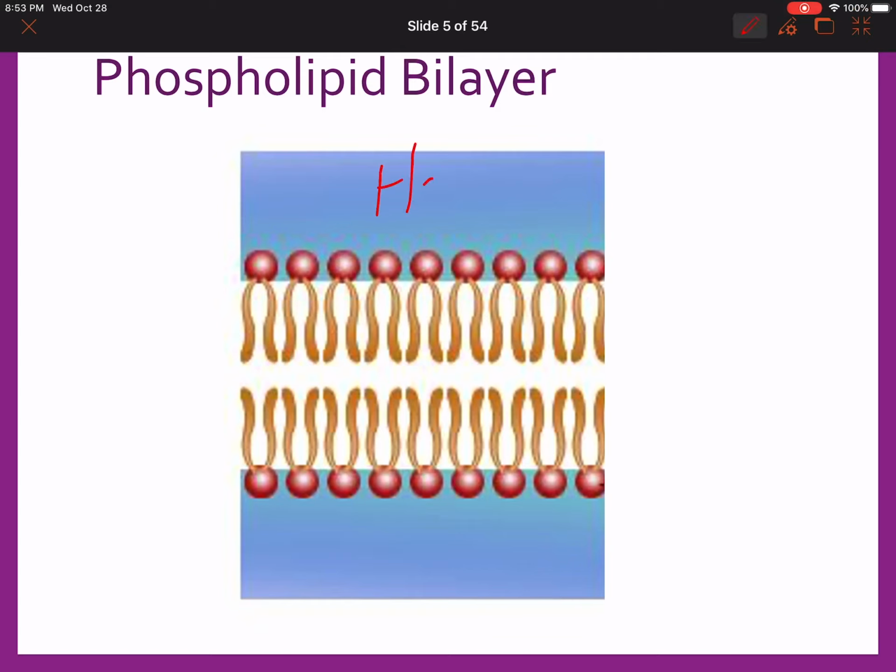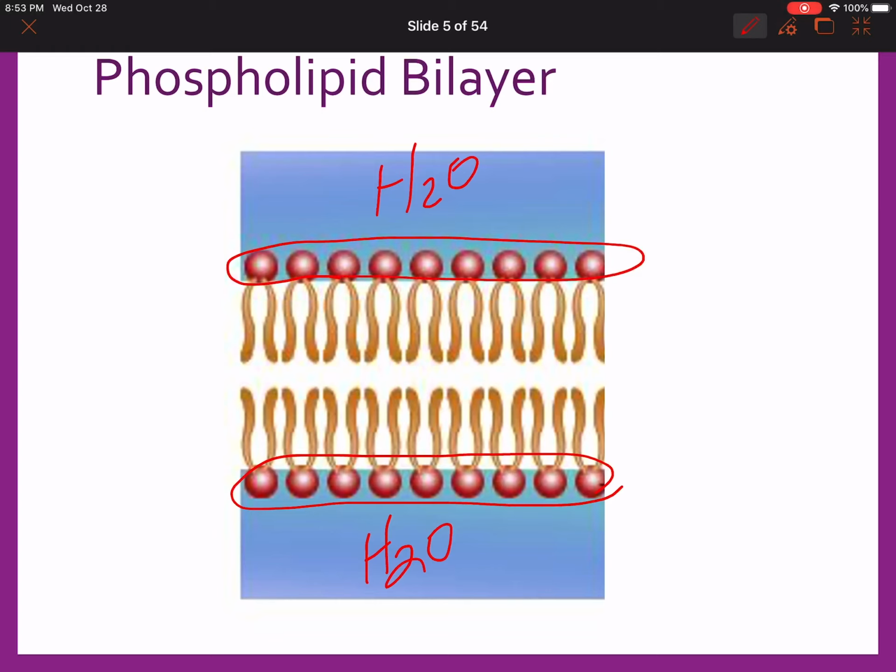Okay, the blue is the water, because water is always blue. The heads love the water, so they're on the outside of the bilayer, and you have this kind of oily, hydrophobic, all the tails, the parts that hate the water, here protected in the middle. All right, bilayer, 2 layers, 1, 2. All right, the whole thing makes sense. This is the foundation of the membrane.